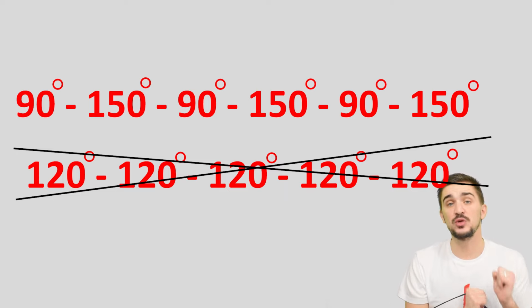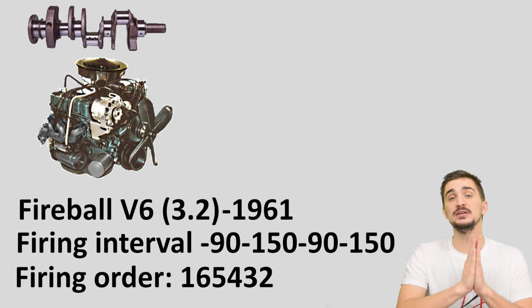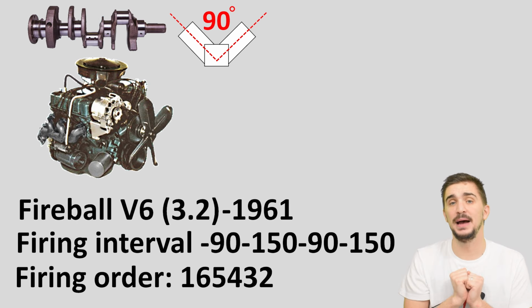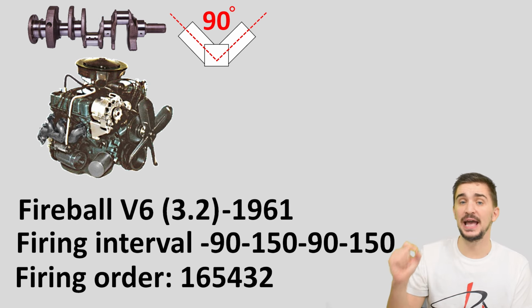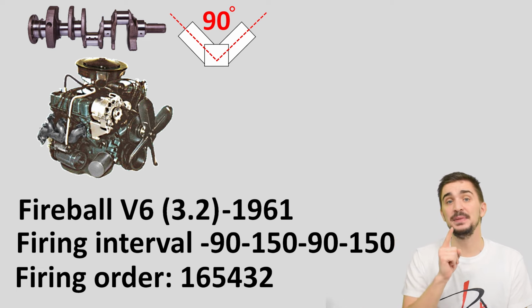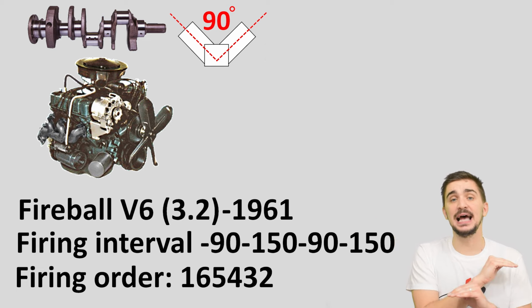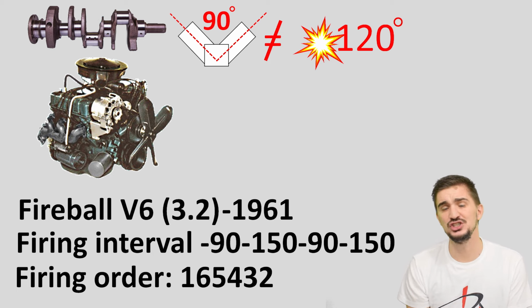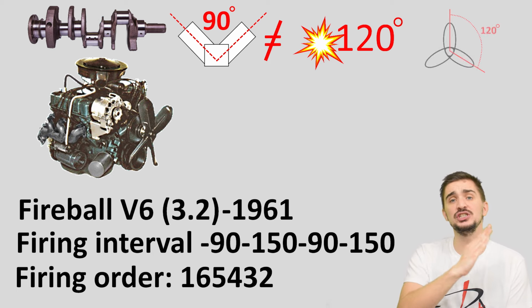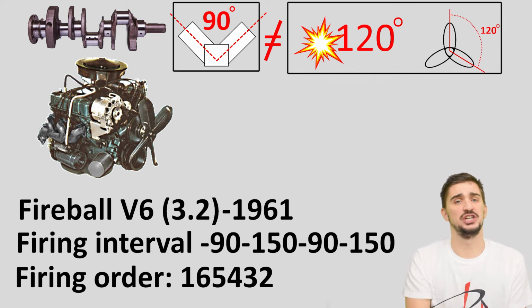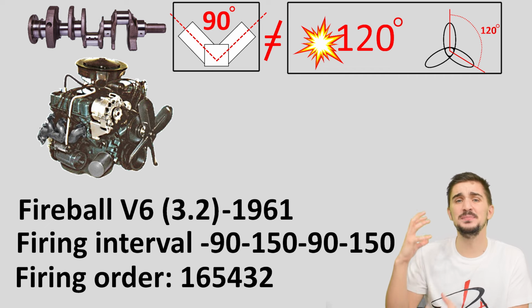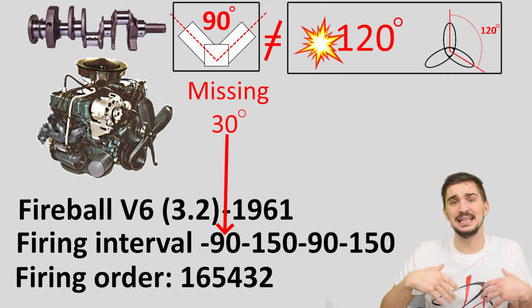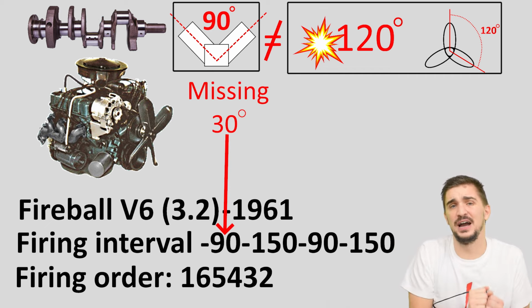So our shared crankpin V6, which has 90 degrees between the two cylinder banks, ends up being forced to have an odd firing interval because its bank angle is unequal to the naturally desired even firing interval of the engine, as well as the separation angle between the individual shared crankpins. As you can see, what's missing from the bank angle ends up being reflected on the firing interval.